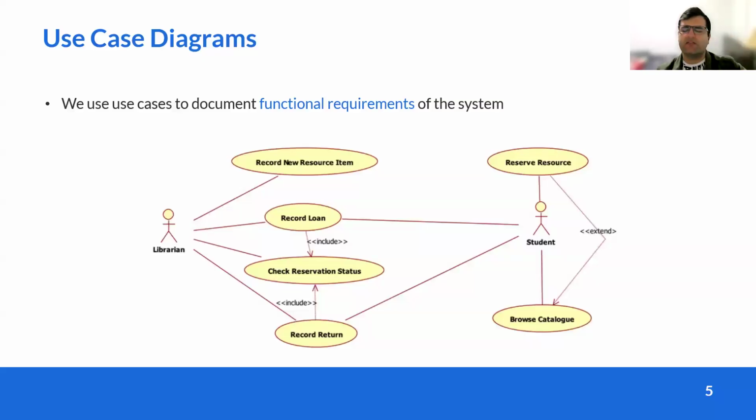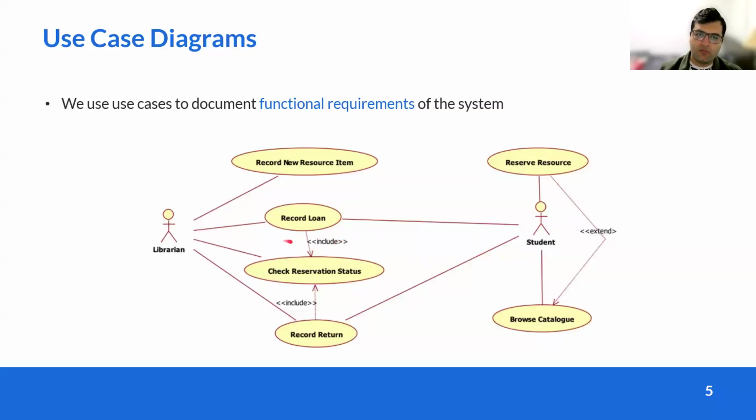The base case is the starting point. You can browse a catalog and then you can reserve resources. That's why it's a base case. But the arrow comes from the extended case because this one is the final step, but you can do it through browsing also. You can either directly reserve a resource or you can do it by first browsing. That's where the arrow points.